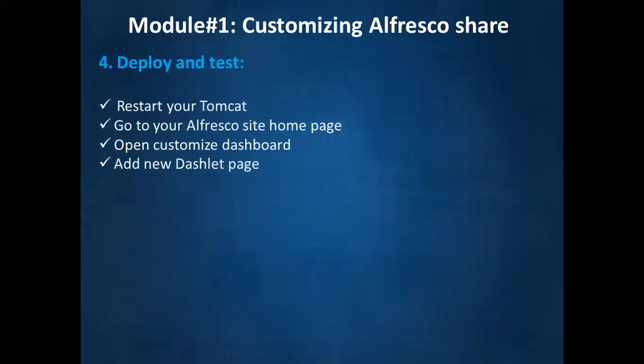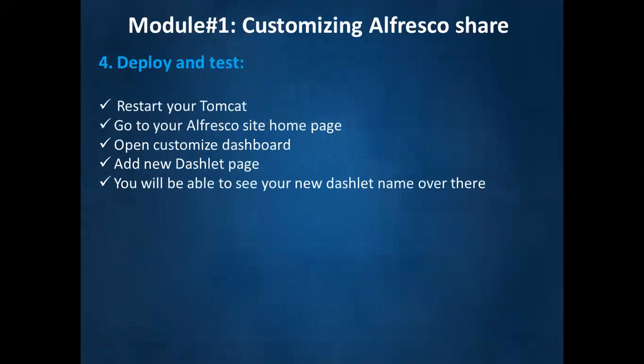After that, click on Add a new dashlet page. After that, you will be able to see your new dashlet name over there, so you can add it to your own dashboard.